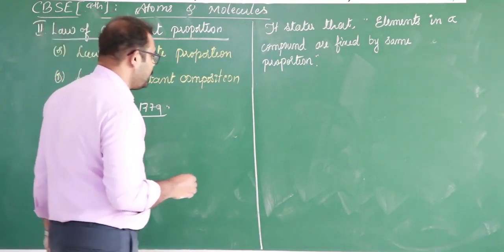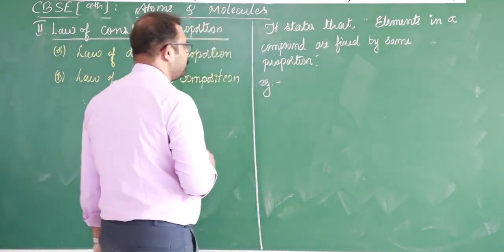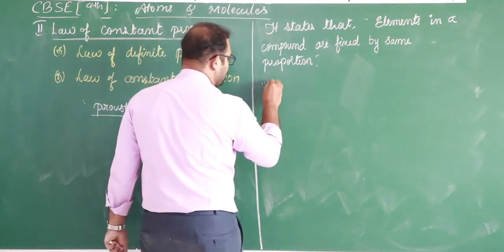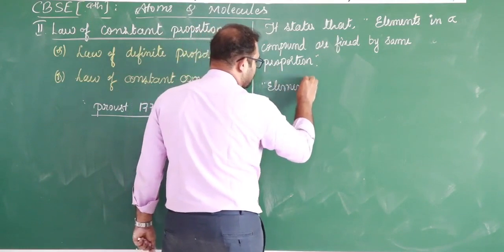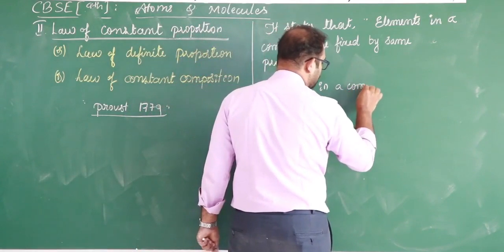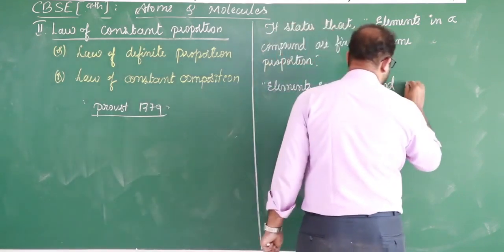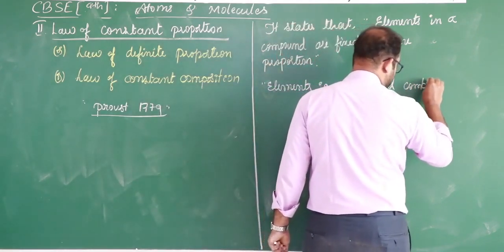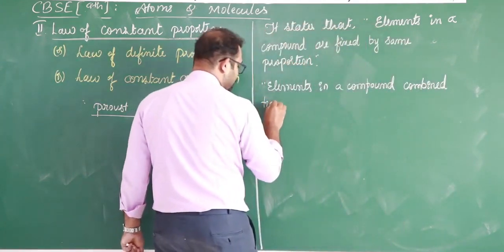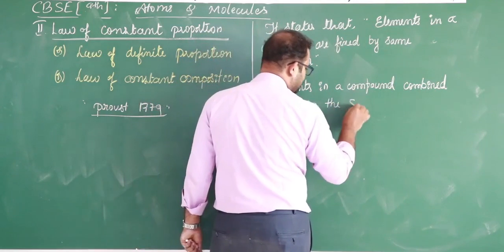So let's see that with an example. Or you can define it in another way: elements in a compound are combined together in the same proportion by mass.